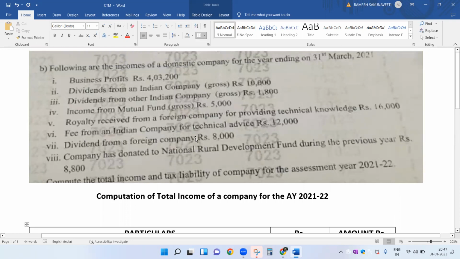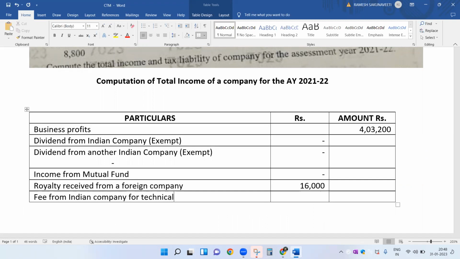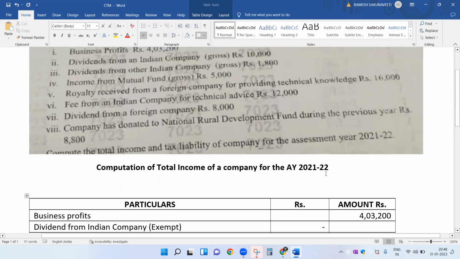Okay. Next one. Fee from an Indian company for technical advice. This is also taxable. Please remember. Fee from Indian company for technical advice. What is the amount? 12,000.